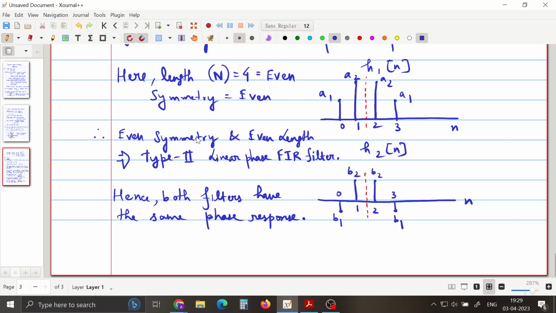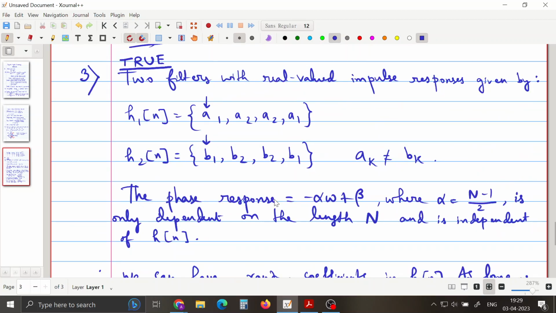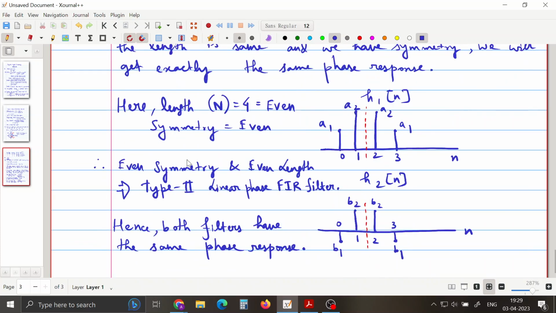Now, this was purely conceptual. Merely by looking at the symmetry and the length of the sequences, you can conclude it. The other approach I was mentioning, taking the DTFT, finding their phases, and equating them to check if they are equal or not, turns out to be a tedious process because it involves calculation.